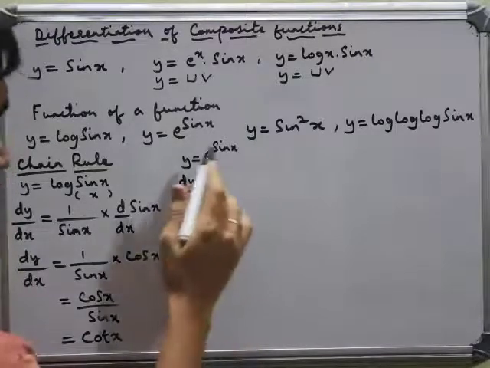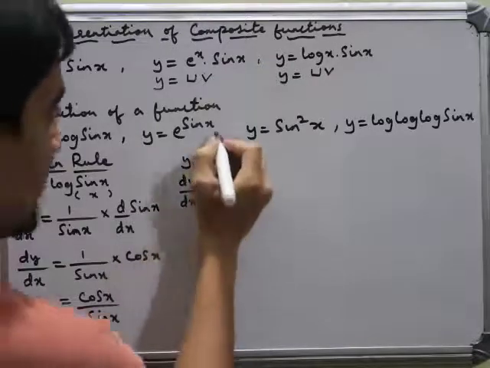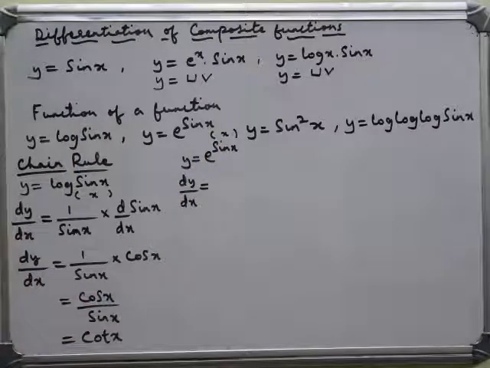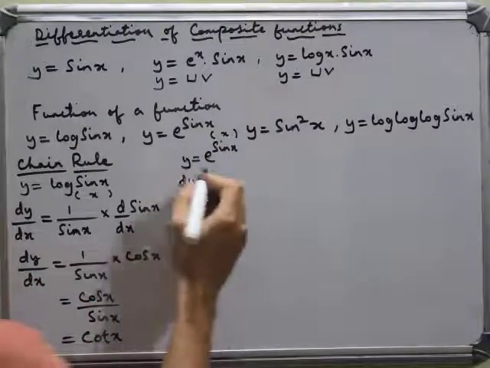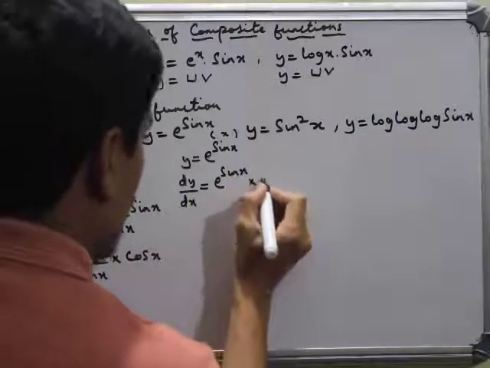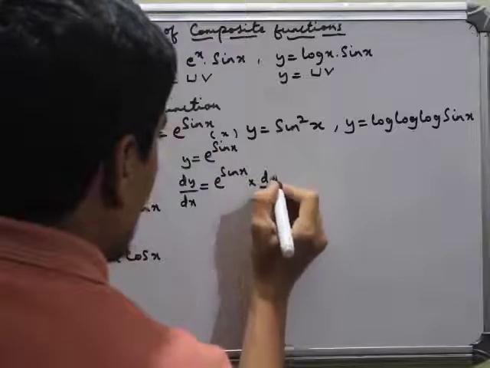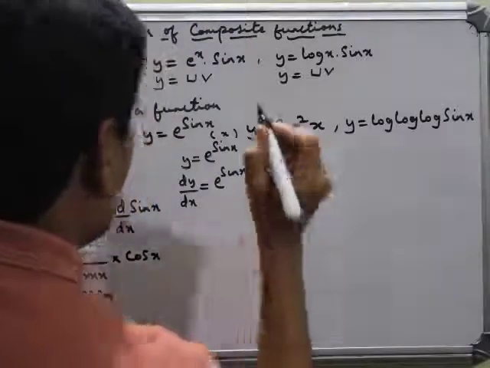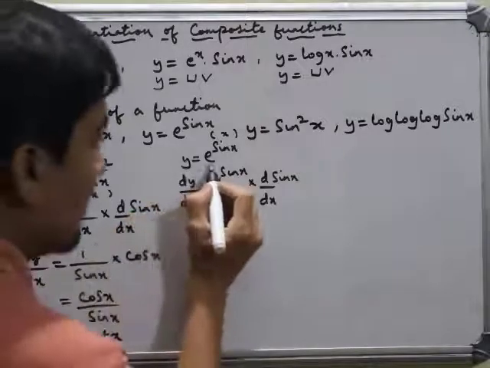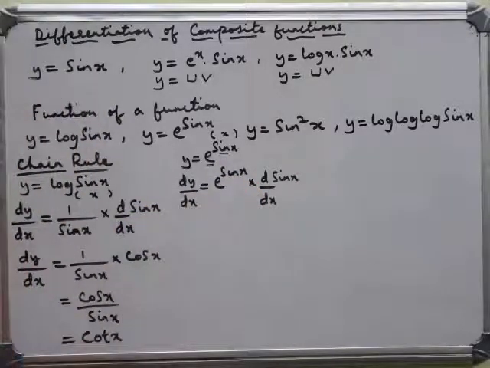But instead of x, here we have sin x. So consider sin x as x. So here it is e to the power of sin x into differentiation of sin x. First differentiate the exponent and then differentiate the sine function. This is how we have to differentiate when a composite function involves an exponent and another function.